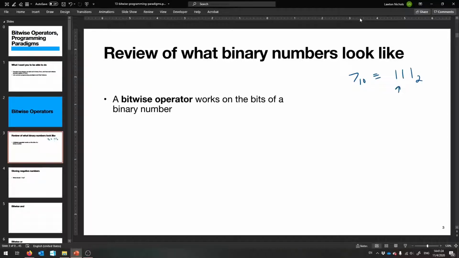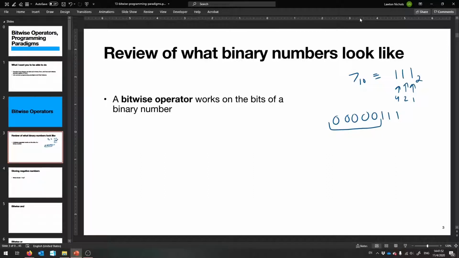So this is the 4's place, this is the 2's place, this is the 1's place, and you add them all together, you get 7. So that is your 7 in base 2. And you can put as many zeros as you want on the left side of the 7. Sometimes you have 8-bit numbers, and if you want to store 7, you have to put 5 zeros over here to make it an 8-bit number.